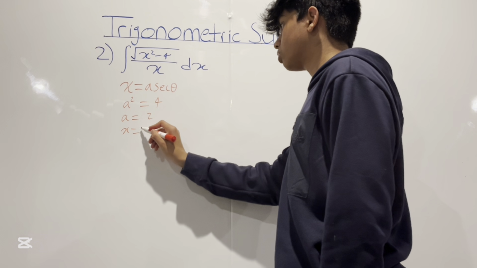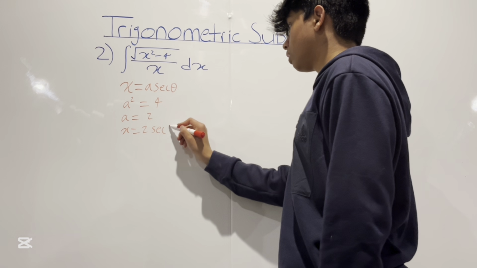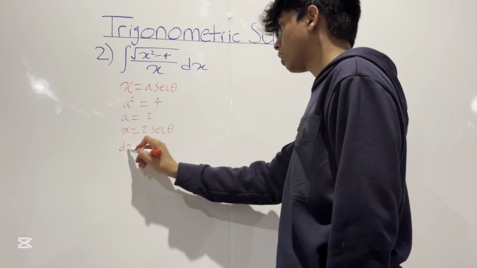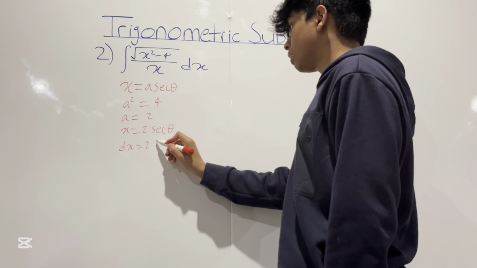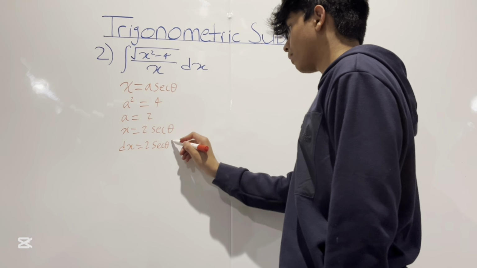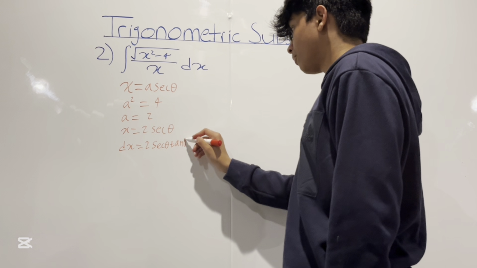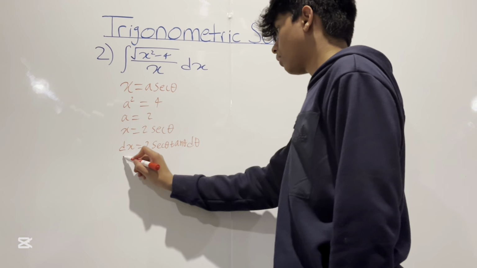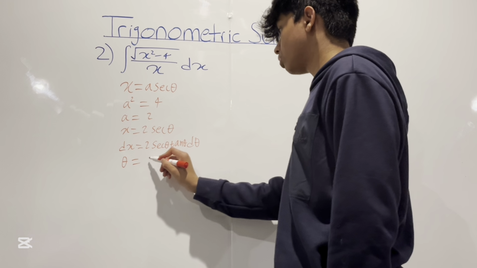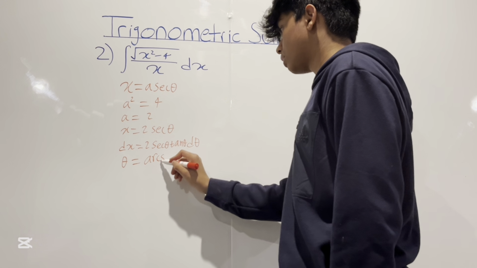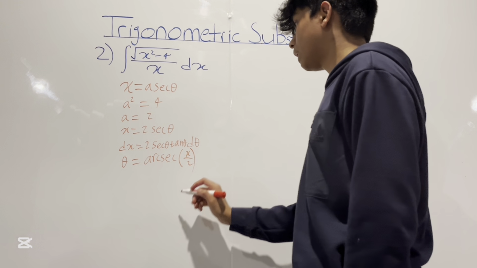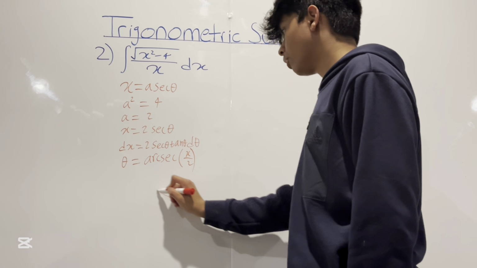So x equals 2 secant theta, and we need to find the derivative, so dx is equal to 2 secant theta tan theta d theta. And let's solve for theta, which is equal to arc secant of x over 2, and let's also draw the triangle.